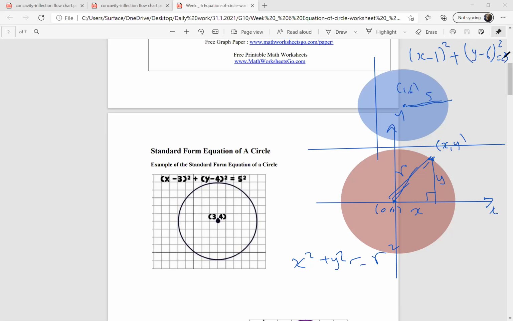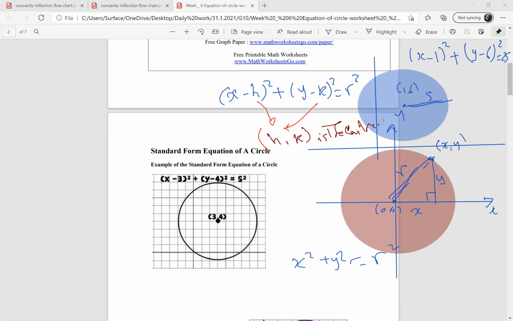So the new form of the equation of the circle is x minus h all to the power of 2 plus y minus k all to the power of 2 equals r to the power of 2, and h and k, with opposite signs, are the coordinates of the center of the circle. So the opposite sign of this number, which is h, and the opposite sign of this number, which is k, is the center of the circle.